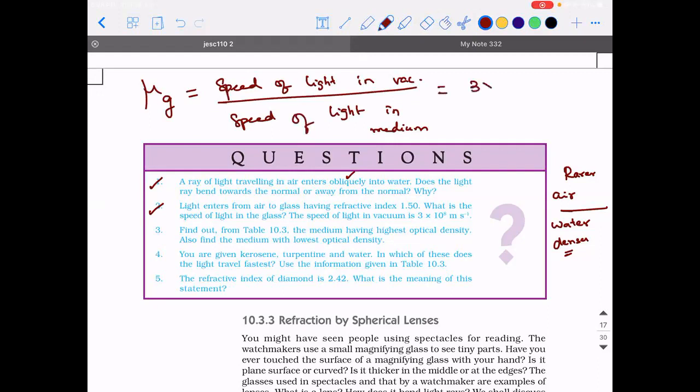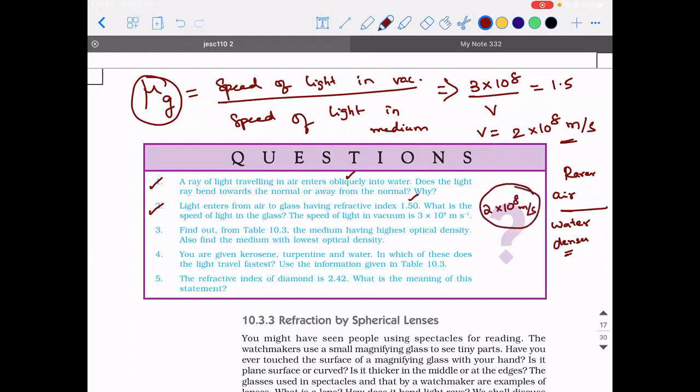So speed of light in vacuum is 3 × 10⁸, divided by the speed of light in medium, V. What is the refractive index given? 1.50 or 1.5. So what will be the value of V? V is 2 × 10⁸ meters per second. So the speed of light in glass is 2 × 10⁸ meters per second.